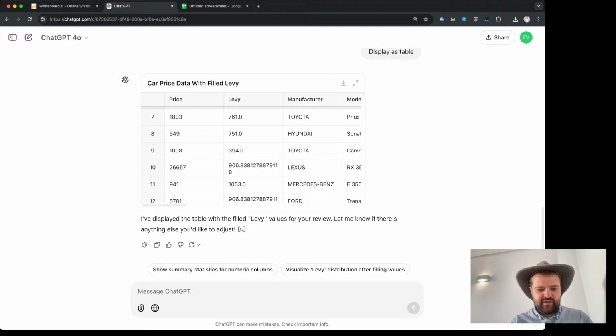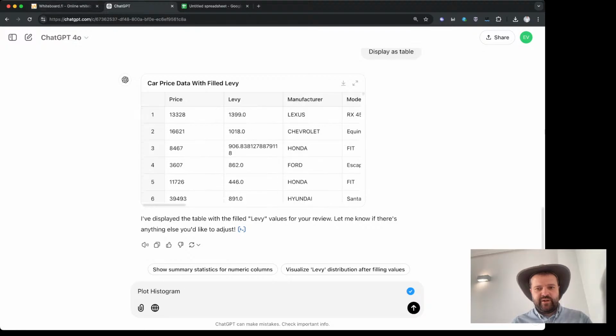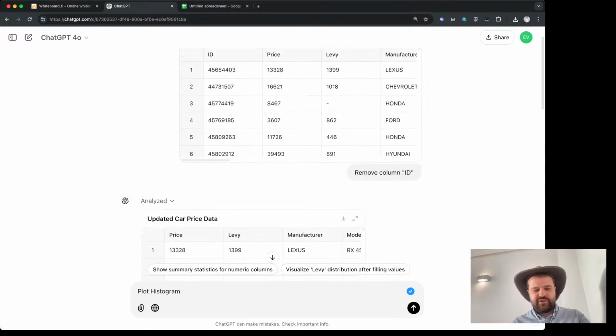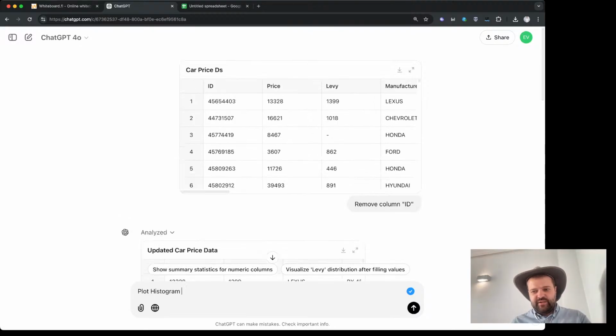let's say plot histogram. So you need to know a couple of names. Maybe I can even drop that also here. And by the way, I just realized that I did not post many of these methods which I show you.